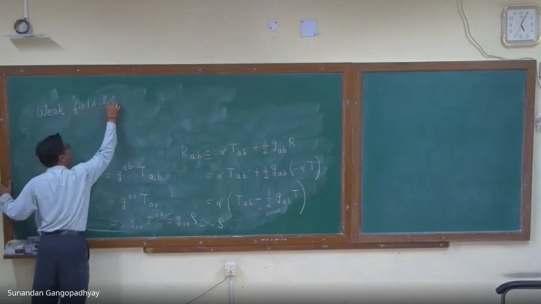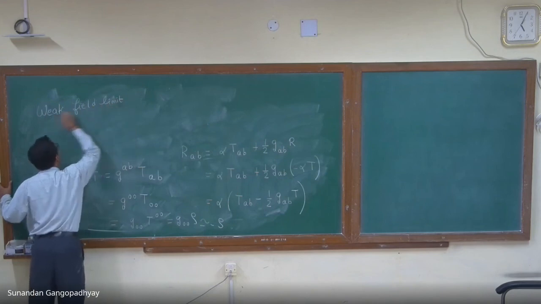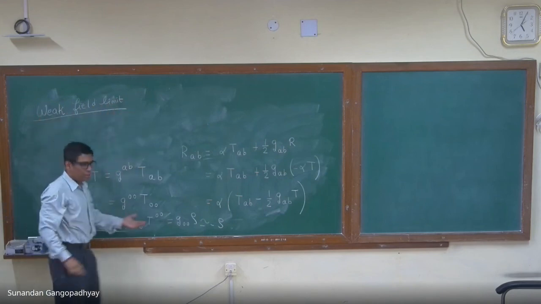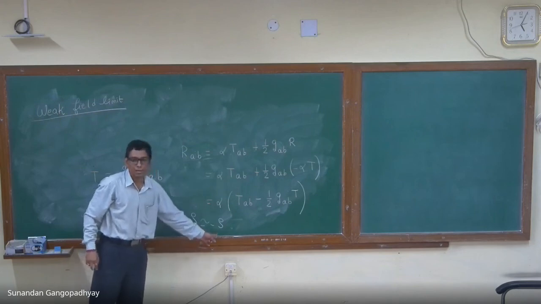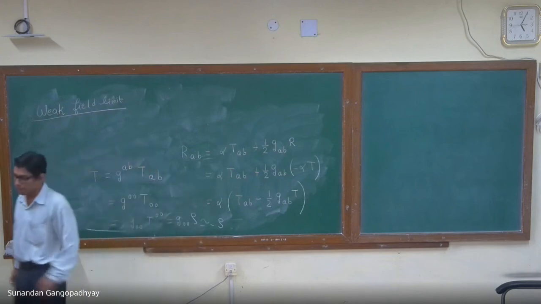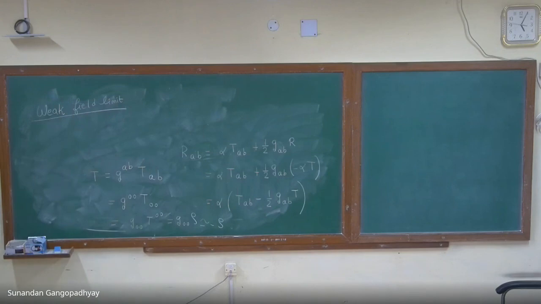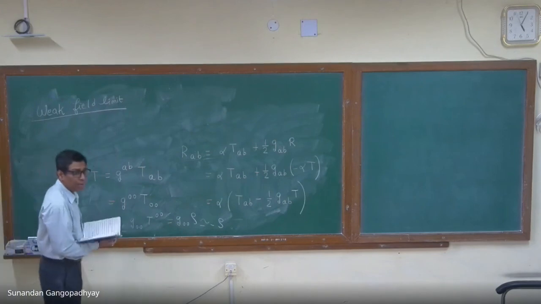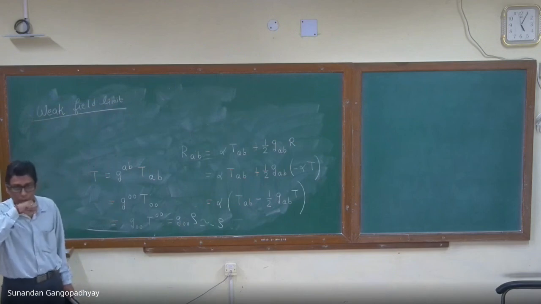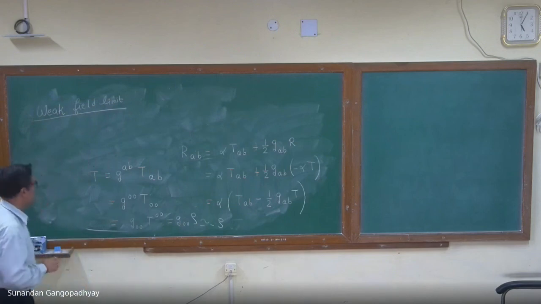Weak field limit means Newtonian limit. We have already used the weak field limit here once, because G00 we have replaced by -1. So that is the weak field limit. Let us again use the weak field limit. If you use the weak field limit, then immediately you can simplify the Riemann tensor.